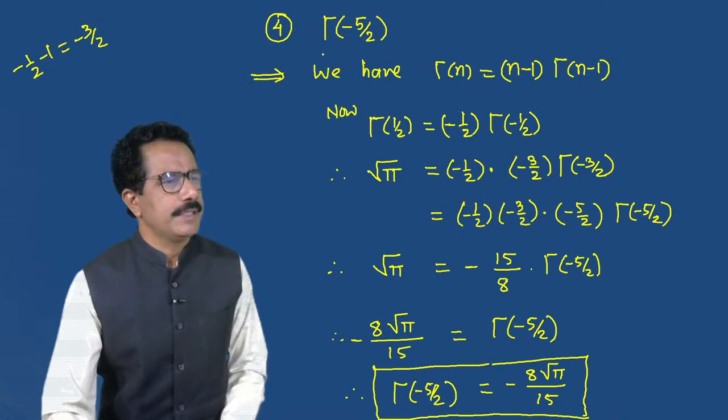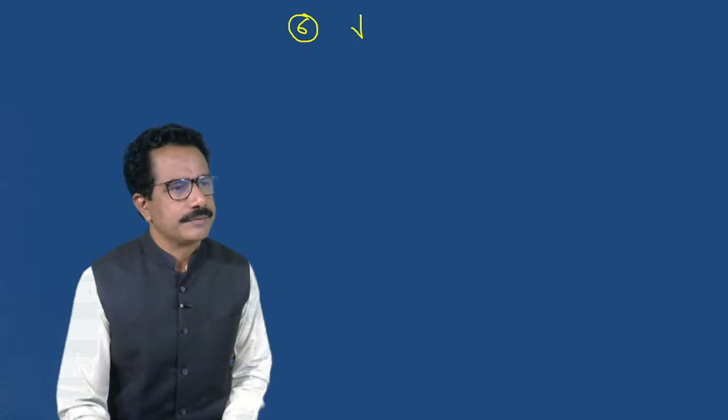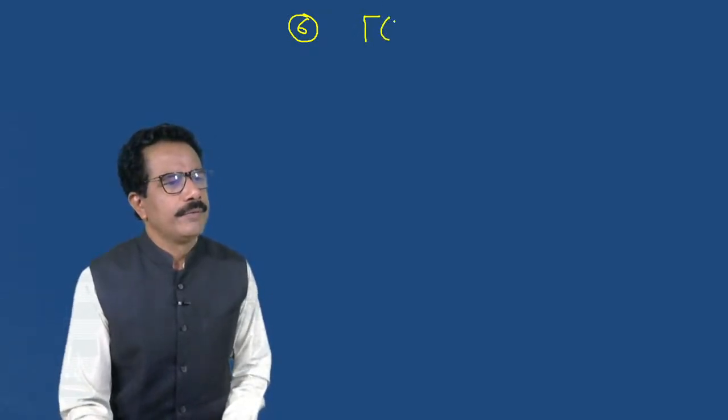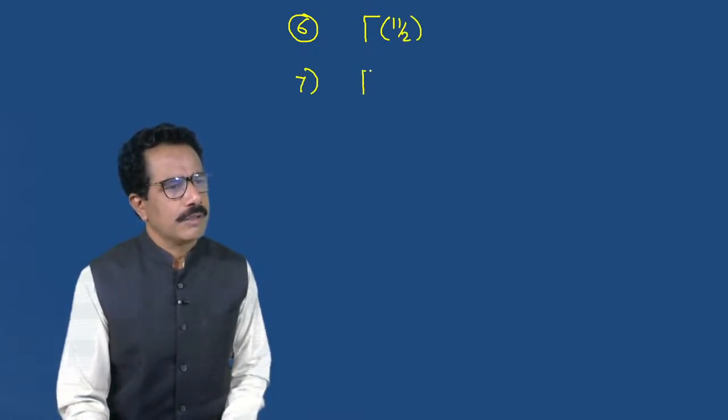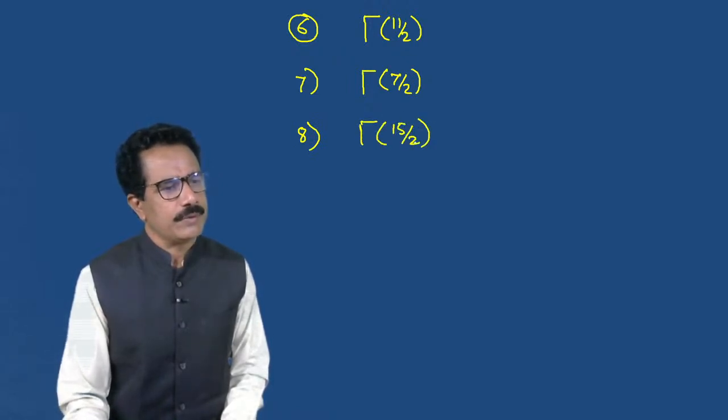3, 4, 5, okay, 6. You can take this homework. Gamma of 11 by 2, gamma of 7 by 2, gamma of 15 by 2, gamma of 13 by 3.